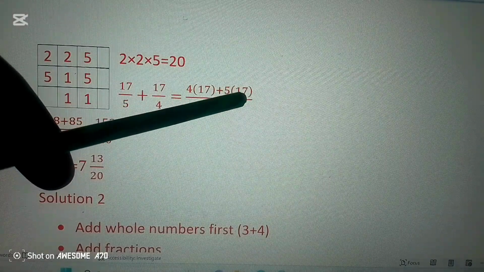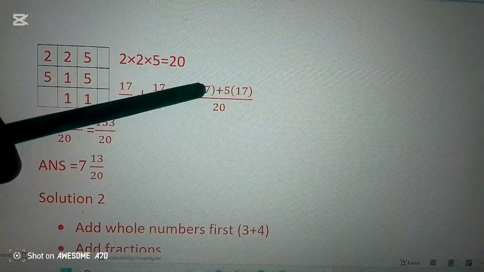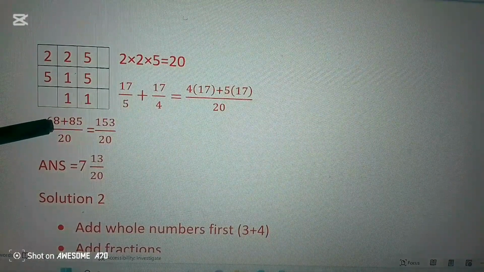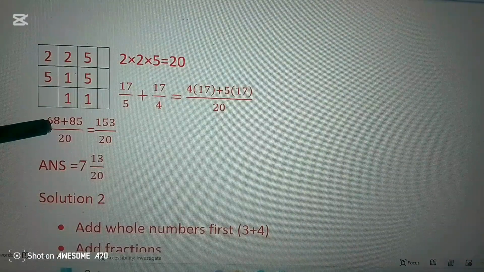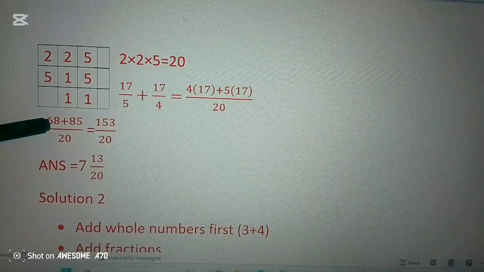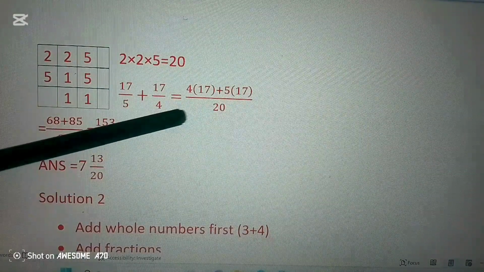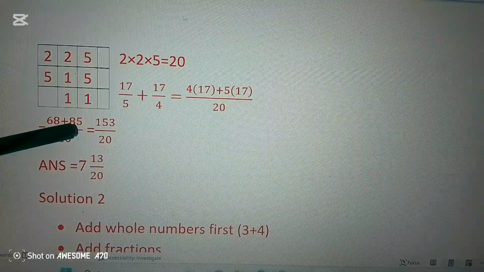So we are having 17 times 4 on the numerator, which is 68. You can calculate 5 times 17 also, and you get your answer as 85.